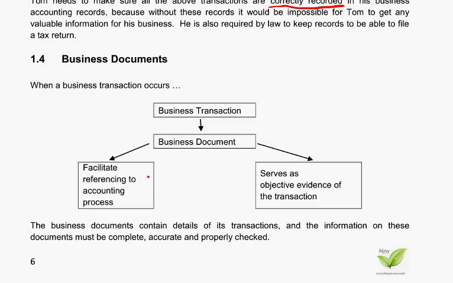We're going to be able to reference that to the accounting process, and it also gives us evidence of the transaction, potentially for legal purposes, in case there's any dispute at some time. And this is really important. Those documents make sure that the accounts become accurate and we can have them properly checked.